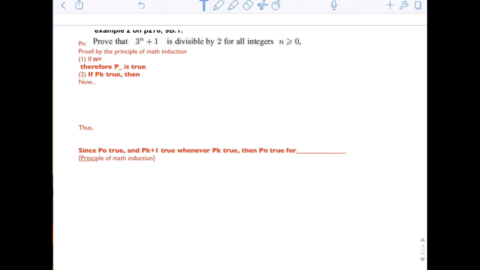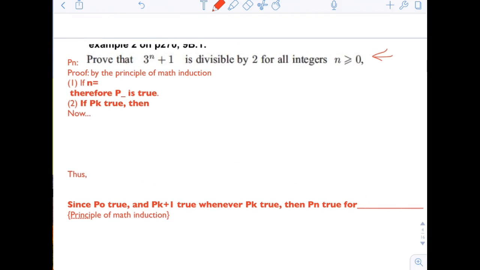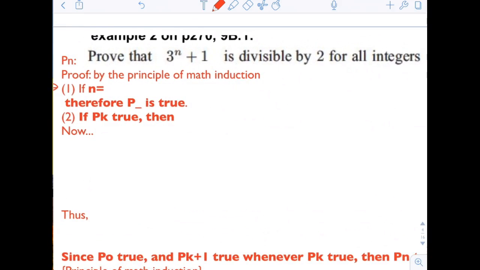Okay, now we're going to use math induction to prove the same proposition. Okay, so this time, the first thing we're going to do is show the base case is true. It looks like n starts with 0, so if n is equal to 0, then 3 to the 0 plus 1 is divisible by 2.